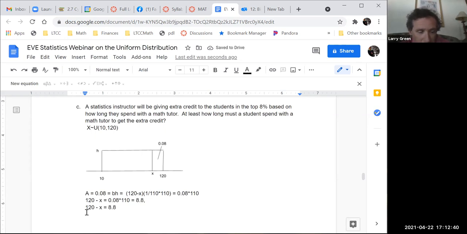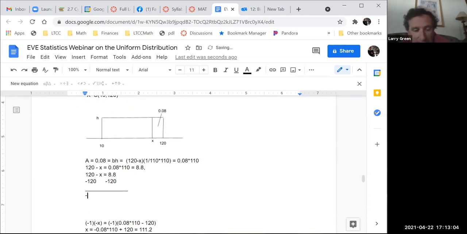So then what I'm doing is I'm going minus 120 on both sides. Does that make sense? So 120 minus 120 is 0. Those cancel. That's the whole point.